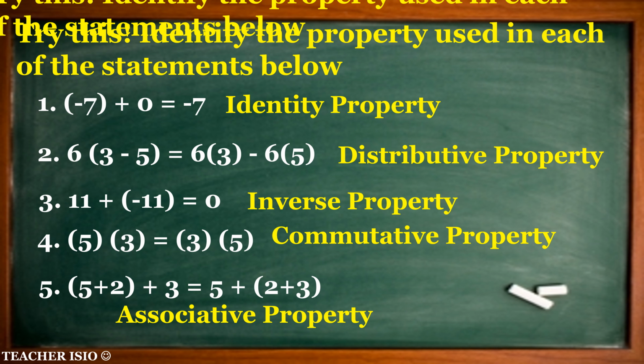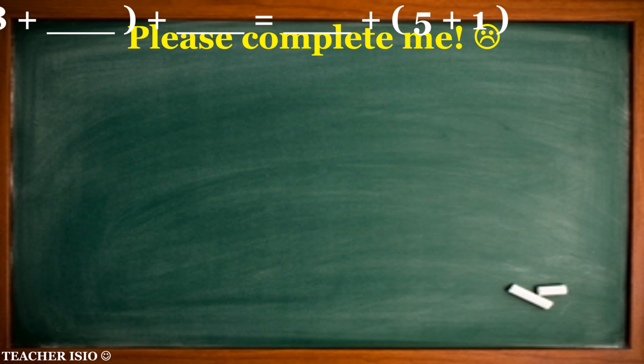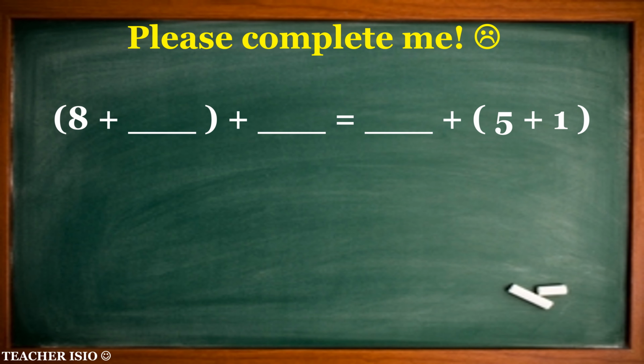So, before we end, yan. Let's try to complete this. So, we have, inside parentheses, 8 plus blank equals blank plus, inside parentheses is the sum of 5 and 1. So, what do you think is the missing number here?